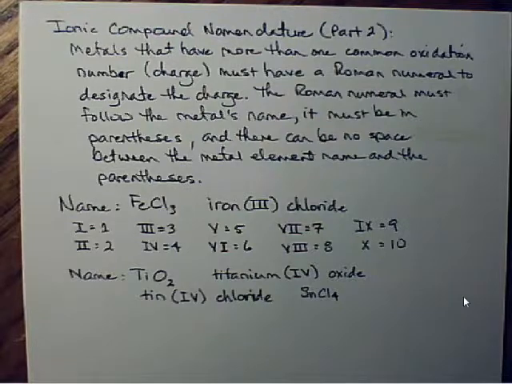7A is a negative 1 charge, correct. Everything in 7A, if it's the last element in the formula, well, I shouldn't say that emphatically, but almost always it's going to be a 1 negative charge. Okay?